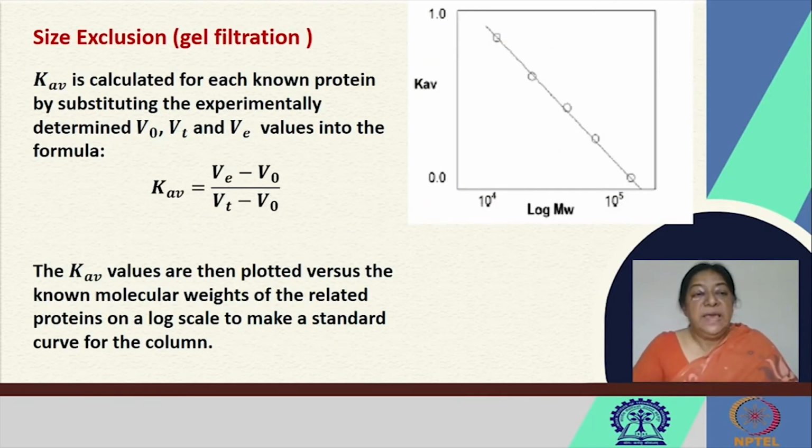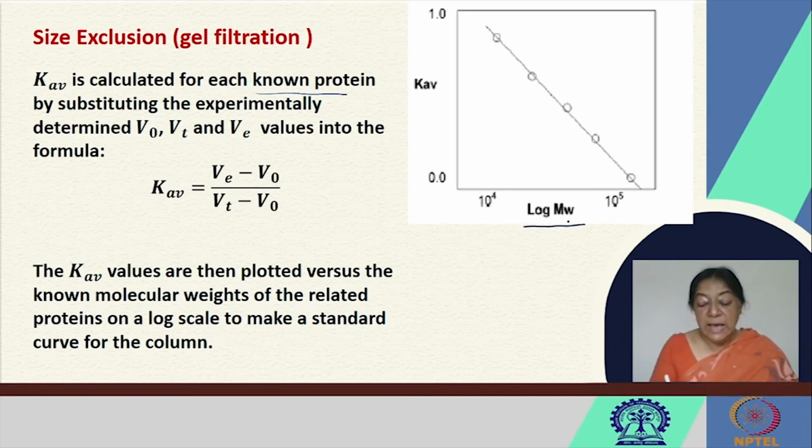So, KAV is calculated for each known protein. We have a set of known proteins for which the molecular weights are known. So here we have the log molecular weight and the KAV value, depending upon the column used and the conditions for the elution.